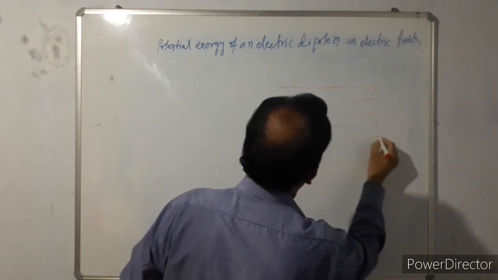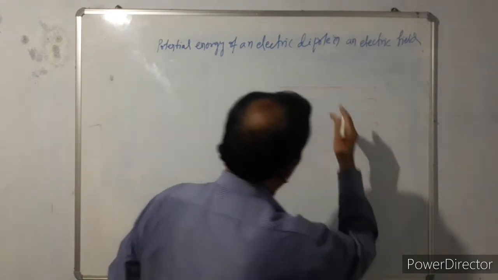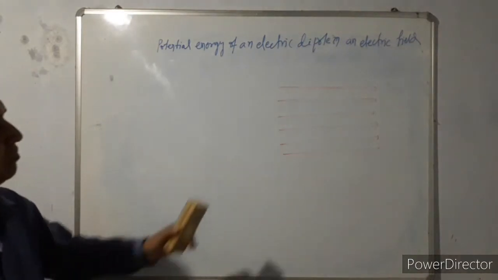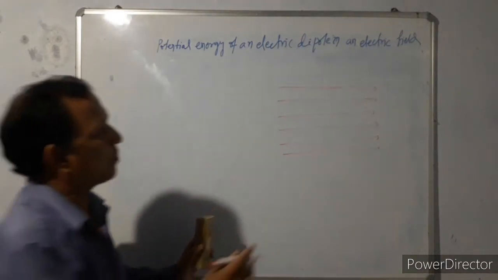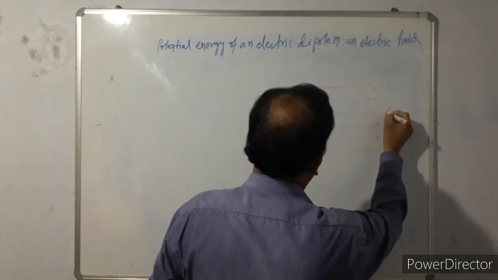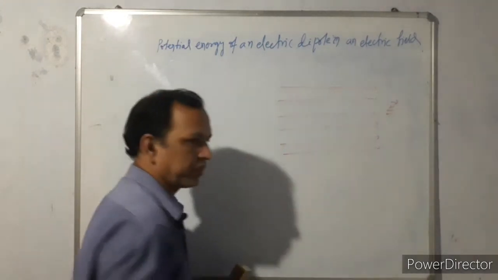This is the uniform electric field having strength E. Clear?